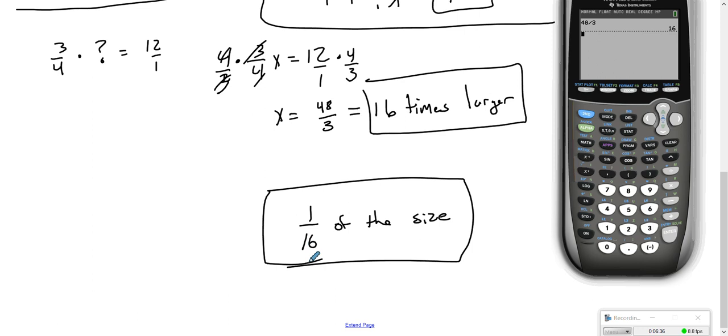Notice when I write the 1 to 16, it's very similar to that ratio, 3/4 to 1. But notice this one, I don't have to put units because it's the same units. With different units, 3/4 of an inch to 1 foot, I would have to keep the units because it's not the same numerical representation. But if I switch it and it's the same units as 1 to 16, that means 1 inch goes with 16 inches, or 1 foot goes with 16 feet.